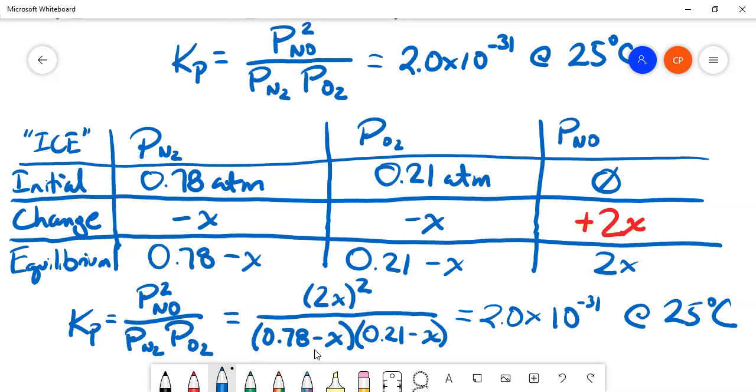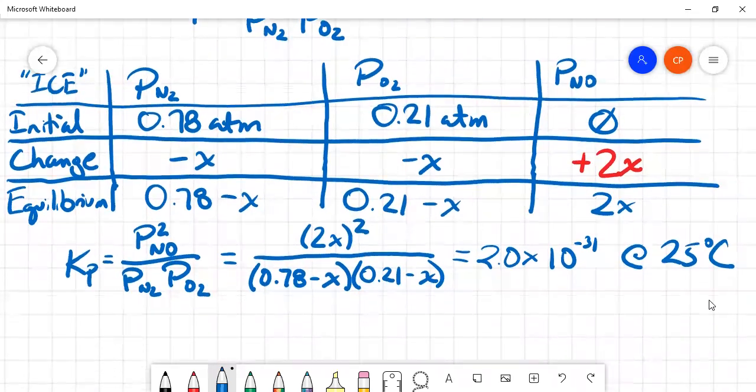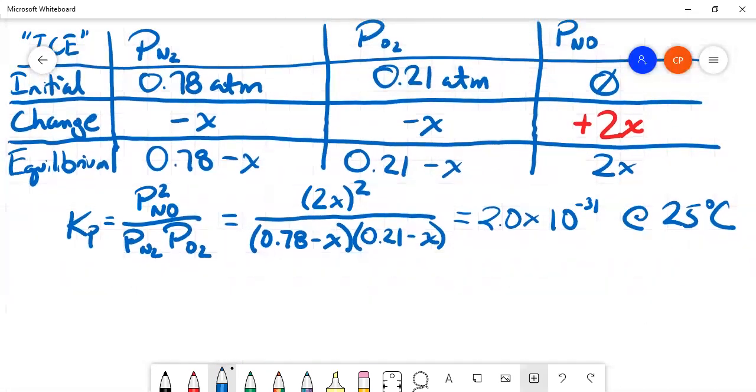And 0.78 minus a tiny number probably isn't going to change that 0.78 all that much. And 0.21 minus a tiny number probably isn't going to change that 0.21 all that much. So rather than working with algebra to save us, we're going to make an approximation this time. And that approximation is known as the small x approximation.